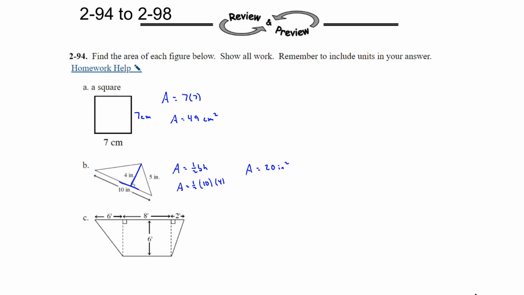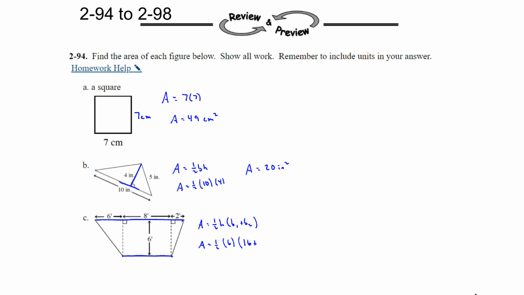And then on part C, we have a trapezoid. So the area is 1/2 the height times the sum of the bases. So the area is equal to 1/2 times 6, which is the height, and then base 1. It doesn't matter which base it is, 1 or 2, but one of them is the full length, and then the other one is this one. So if I do the longer base, that's going to be 16.